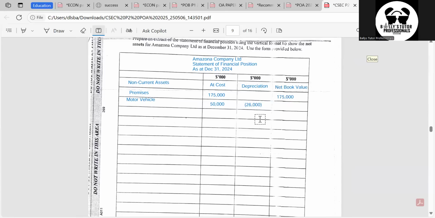So your net book value would be 50,000 minus 26,000, which is 24,000. You're going to add that together, and that will give us our total fixed assets, which will be 199,000.